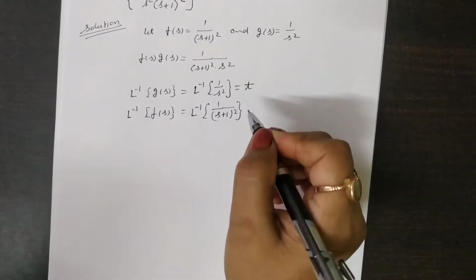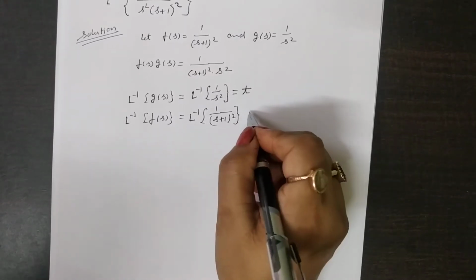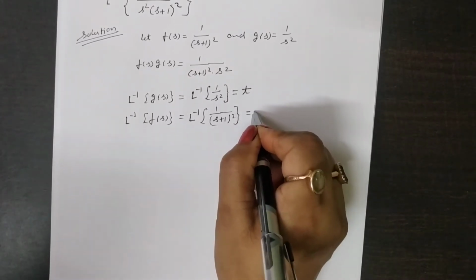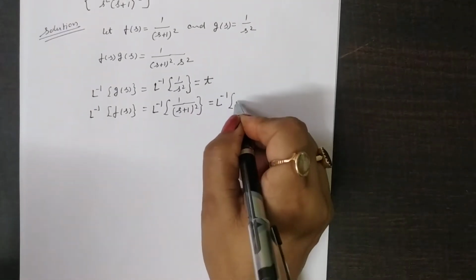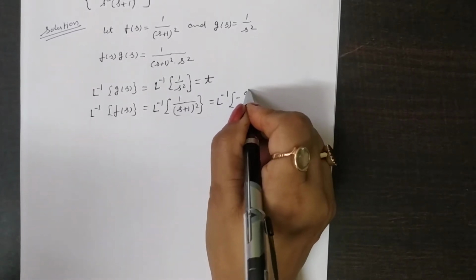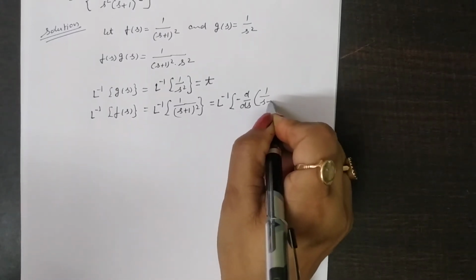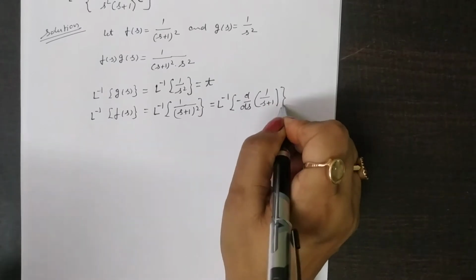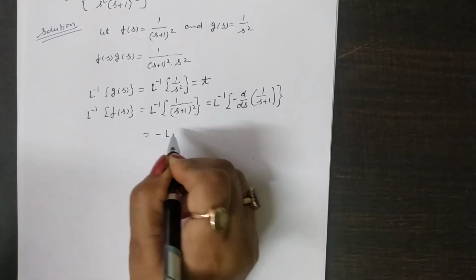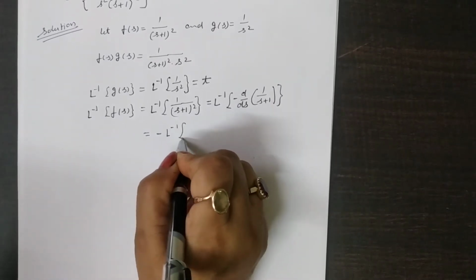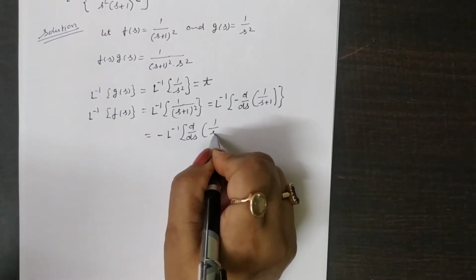This can again be written as the Laplace inverse of minus d by ds of 1 by s plus 1, and this is again equal to minus the Laplace inverse of d by ds of 1 by s plus 1.